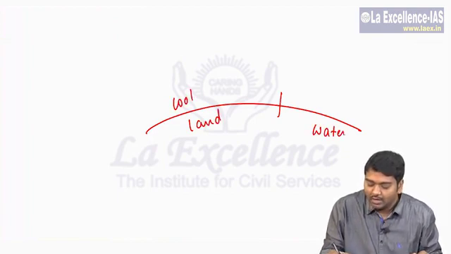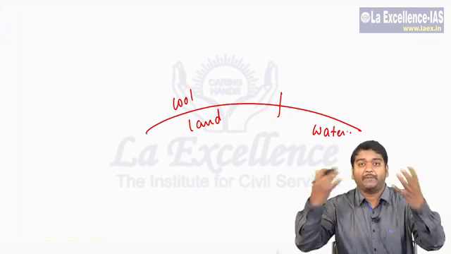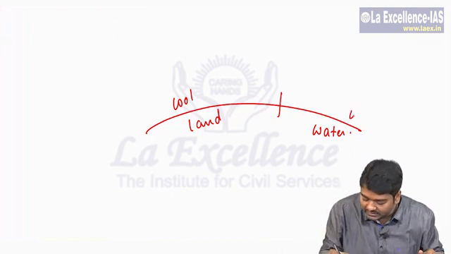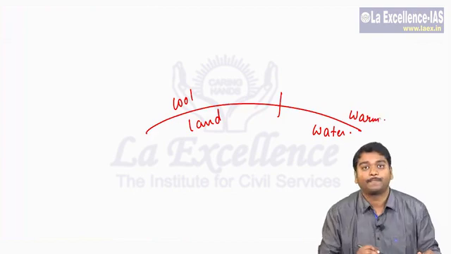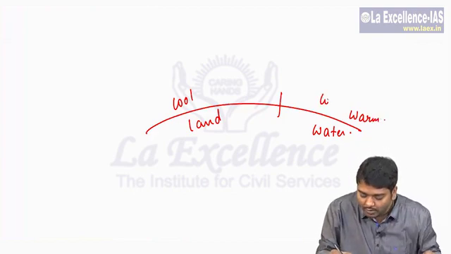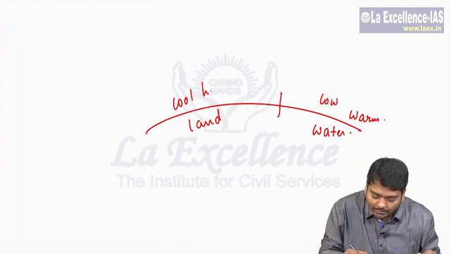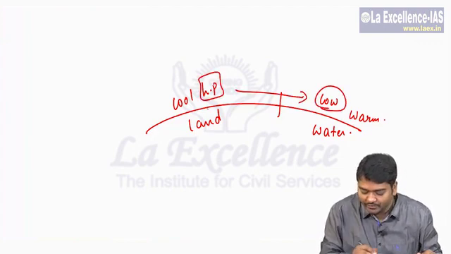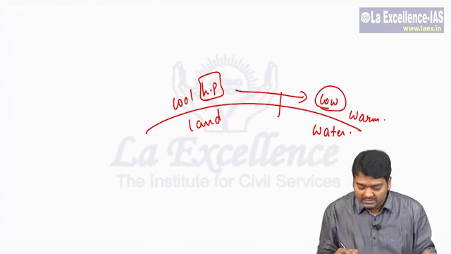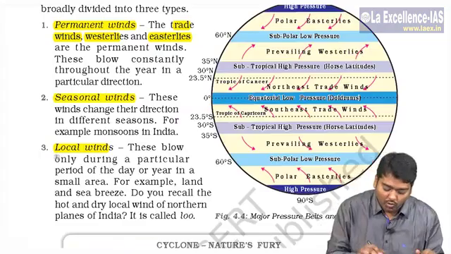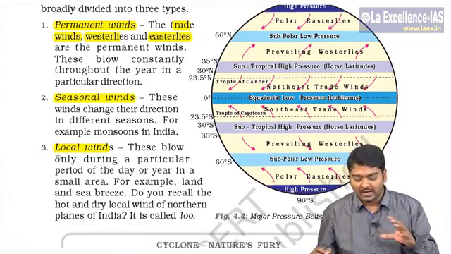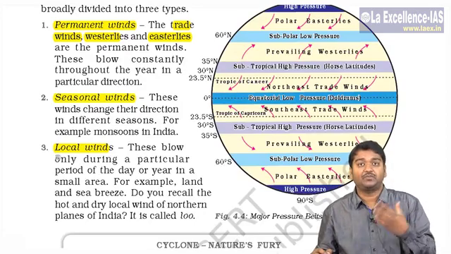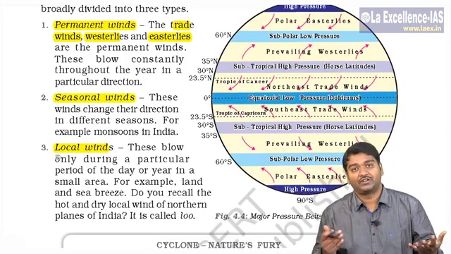Water takes more time to emit, because of this, it is warm. So warm, low pressure; cool, high pressure, correct? High to low, from land to water. This is called local winds, right? I'll explain this in much more detail with pictures when we go to further chapters.